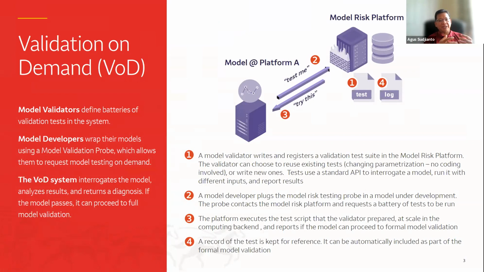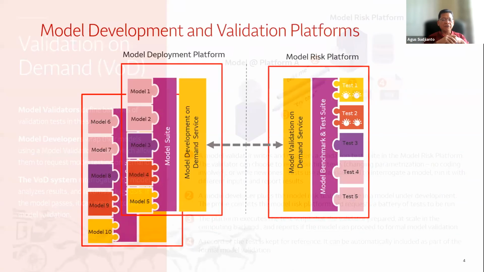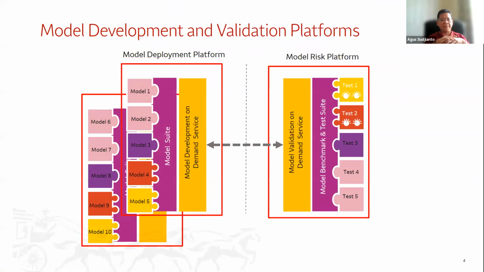So we adopt this approach as validation on demand, and this can be a very complex process in a large company, because models are developed and deployed in various different systems, and we have platforms for model validation as well. So the connection and the talking between model development and model validation platforms is very critical for us. And part of that is, how do we make it happen?